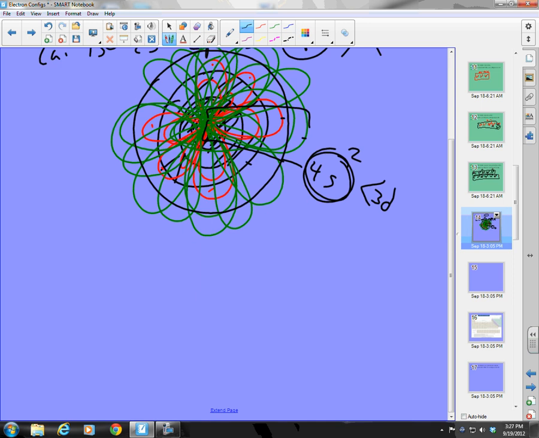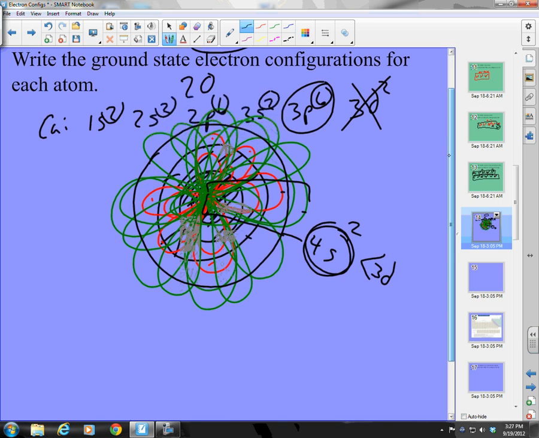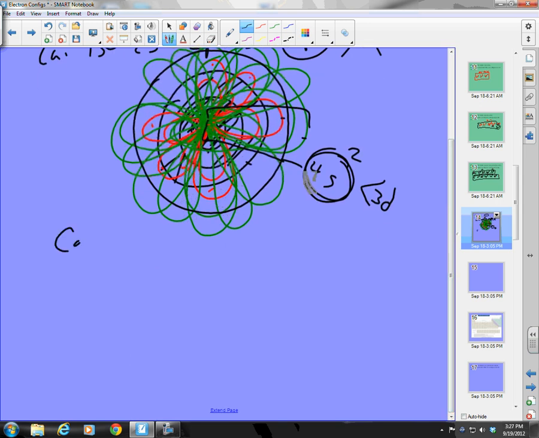So for my magnesium, is it magnesium? No, I don't think so. I think it is calcium. So calcium would be 1s2, 2s2, 2p6, 3s2, 3p6, 4s2. Got it?